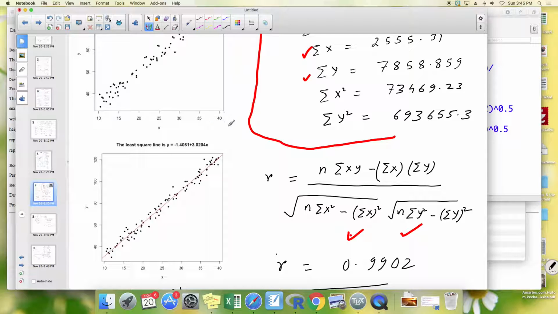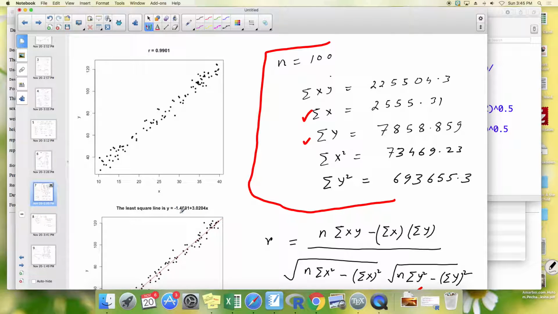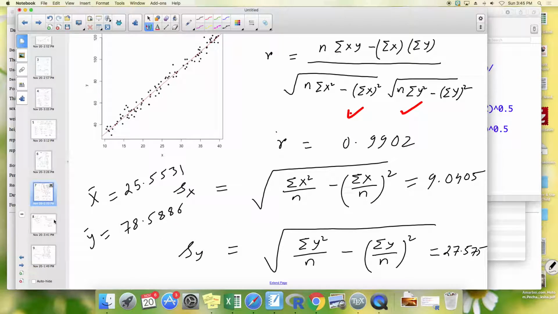I don't know, that's a mistake, but you see these values the computer calculated are pretty close to my values. Somehow this negative 1.4081 is a mistake, so don't bother with that, but otherwise we are fine. So we did it correctly.